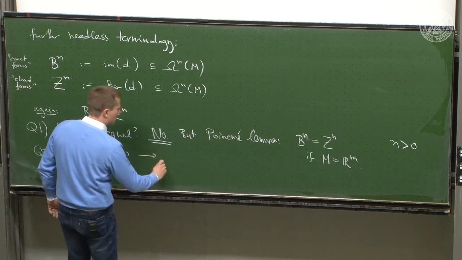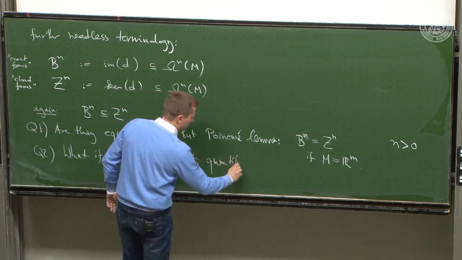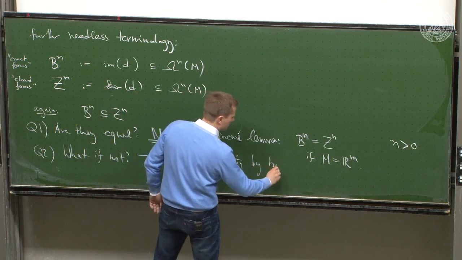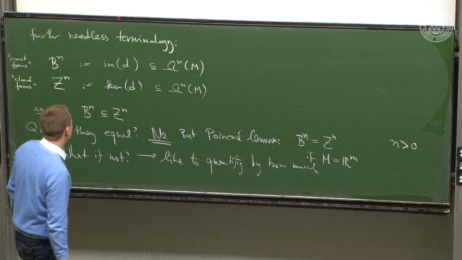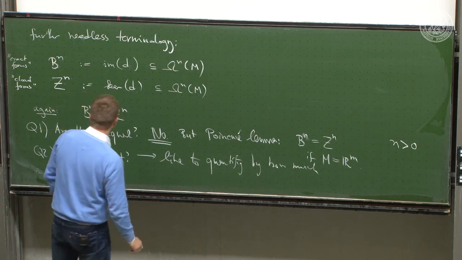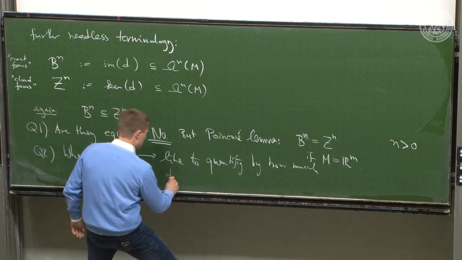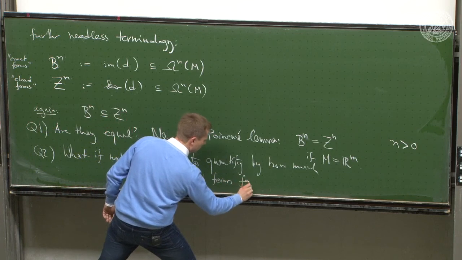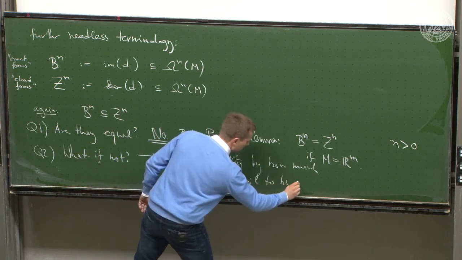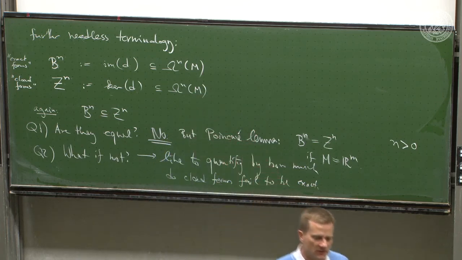Then we would like to quantify by how much the closed forms fail to be exact. By how much do closed forms fail to be exact? It's one thing to know it's not the same. The other question is, how different is it?